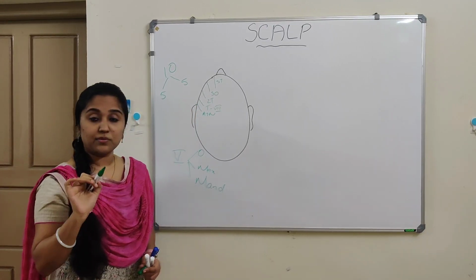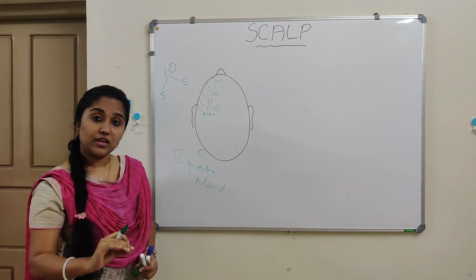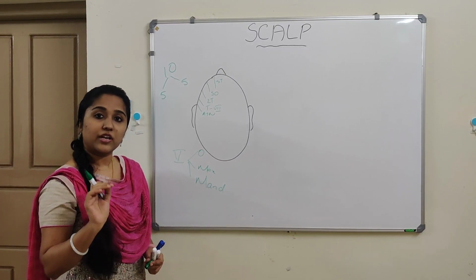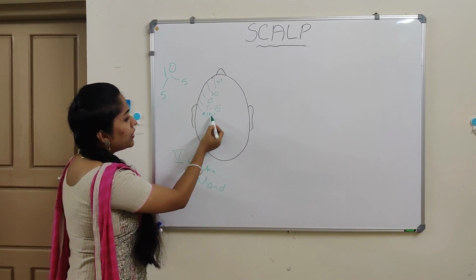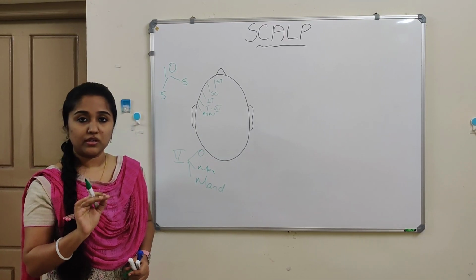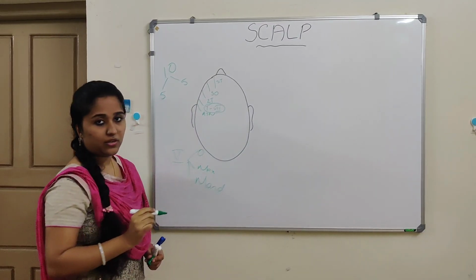Whereas the zygomaticotemporal nerve is derived from the zygomatic nerve, which is a branch of the maxillary division of the trigeminal nerve. The auriculotemporal nerve is from the mandibular division of the trigeminal nerve. So here the motor nerve is the temporal branch of the facial nerve.